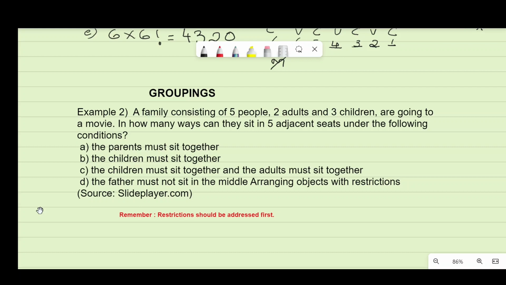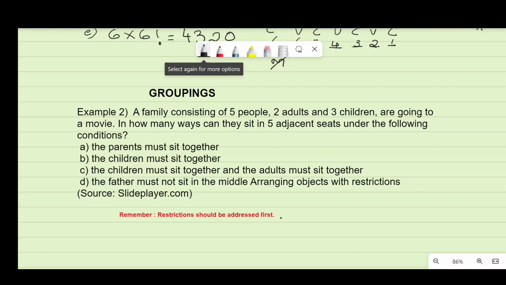So the first condition here is the parents must sit together. So here the grouping is parents, the father and mother must sit together. So that is a grouping. So whenever you see groupings in a question, what is happening is you're going to make that group, you are going to consider the group as 1.